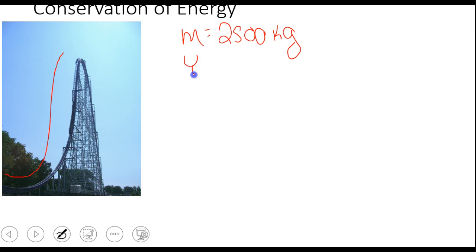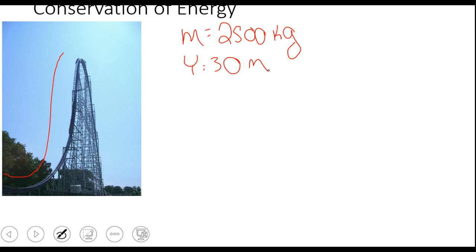I want to take a second and talk about the conservation of energy. I kind of alluded to this earlier, that on a roller coaster, your kinetic energy here gets converted to potential energy all the way at the top. And so let's see, we'll say we have this cart with a mass of 2,500 kilograms and a hill with a height of 30 meters.